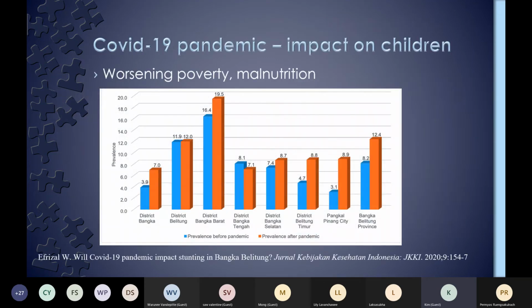Then these are essentially the malnutrition rates in all of the various units of that particular area, and the orange bars represent the rates of malnutrition during the pandemic. It's variable. It's not worse in every place, but in some places it's much worse. And we have almost no comparable data from the rest of the world, where this sort of thing is almost certainly happening to the same pattern.